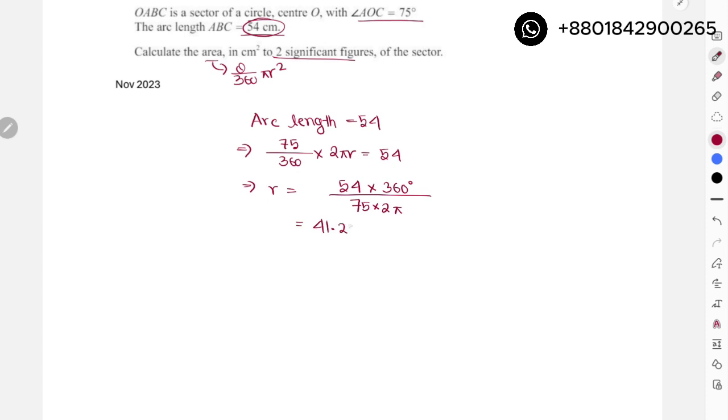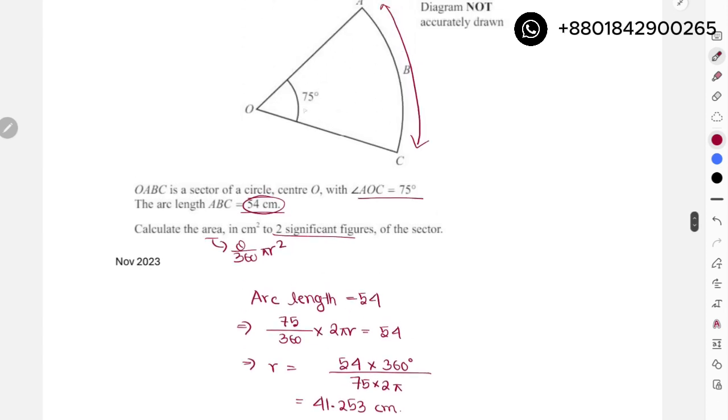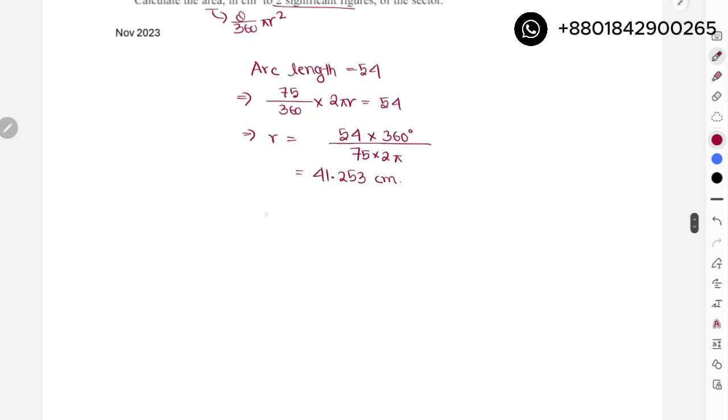So you have 41.253 centimeters. Using this value for the radius, now I can calculate the value for this sector area. So for this area, we have 75 divided by 360 with pi times 41.253 whole square.